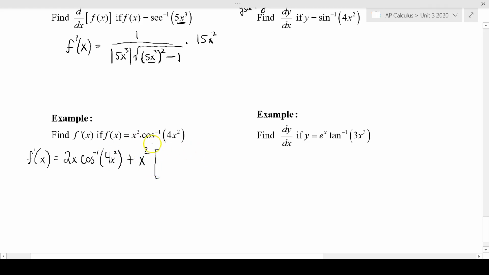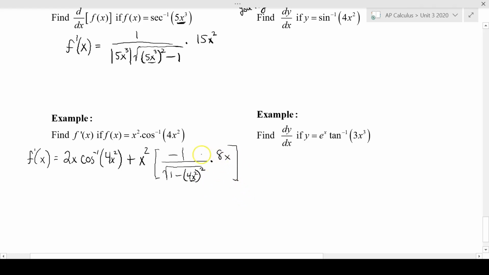But then I need to write down the x squared. Then I'm going to be taking the derivative of cosine inverse. Well, that's negative 1 over the square root of 1 minus u squared. Oh, that u is 4x squared. And then I'm going to need to take the derivative of the inside function. In this case, it's going to be 8x. All right? So there could definitely be some simplifying.